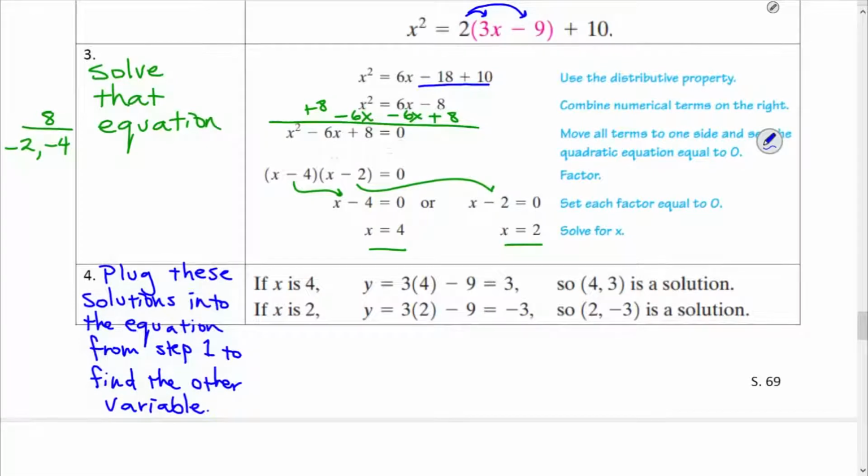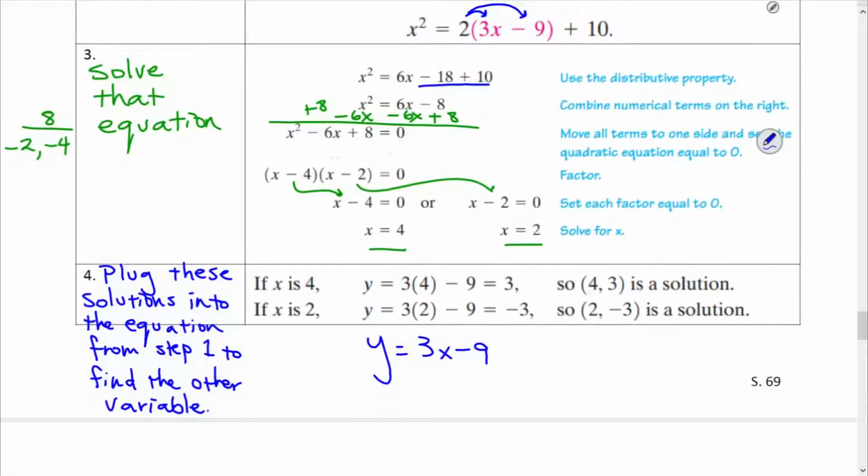So we'll plug these solutions, x equals 4 and x equals 2, into the equation that we found in step 1. In this case, y is equal to 3x minus 9 was the solution we found in step 1. That's almost always the easiest one to plug back into.